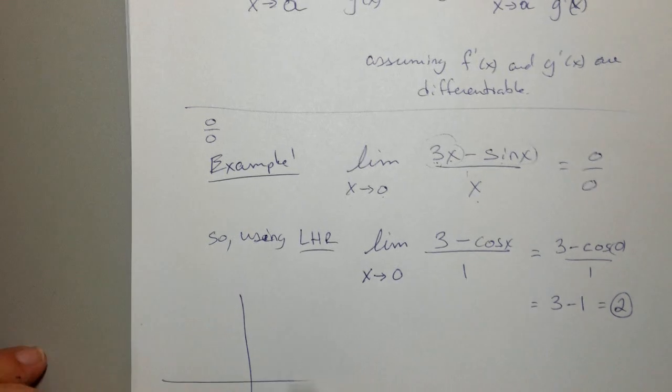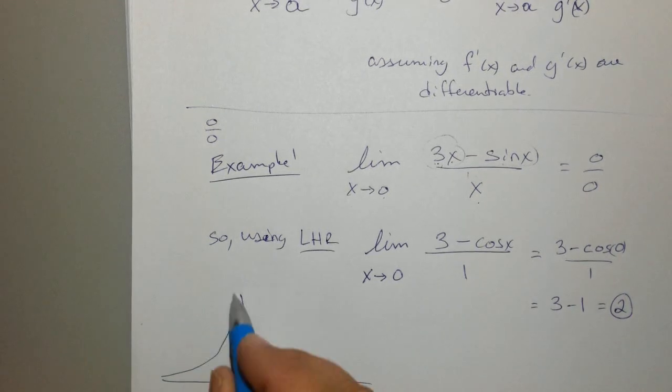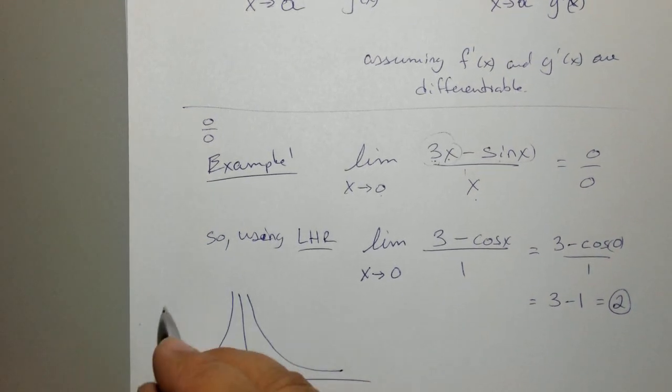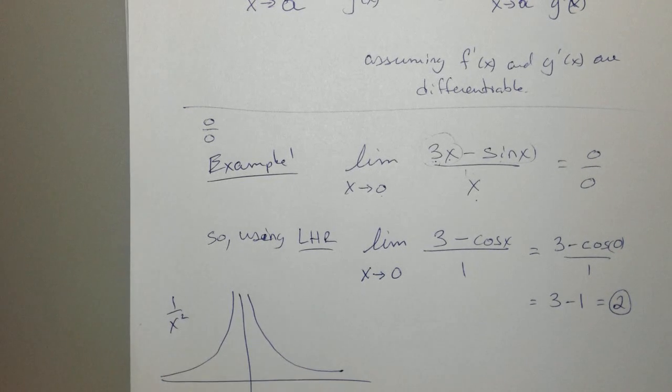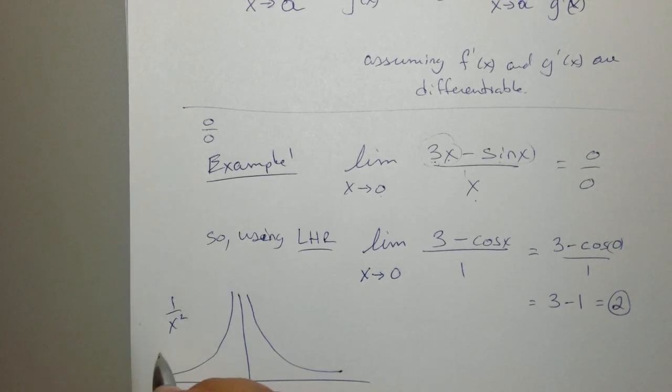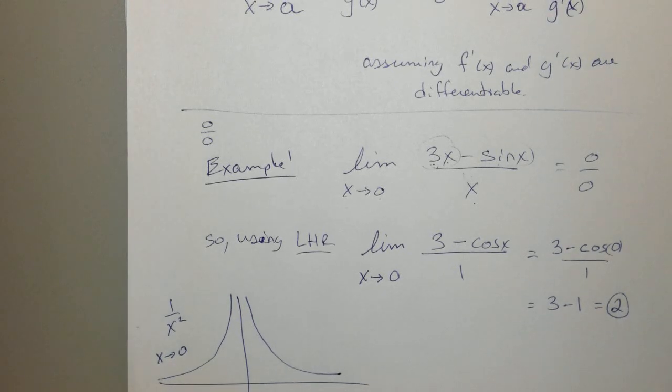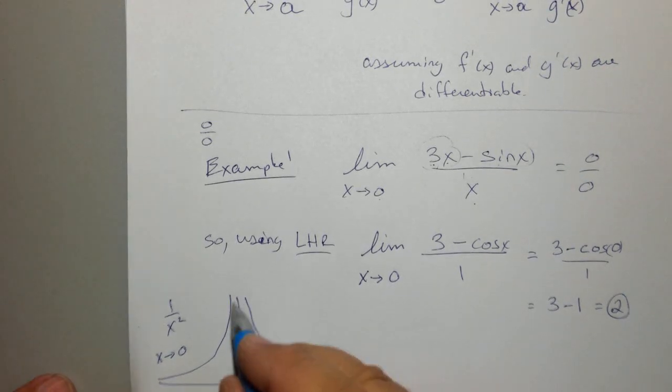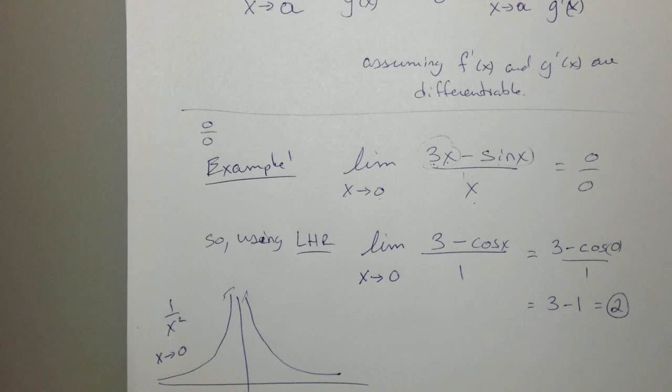Let's see this. So this is the function 1 over x squared. As x goes to 0, limits go to infinity. L'Hopital's rule also works for one-sided limits.